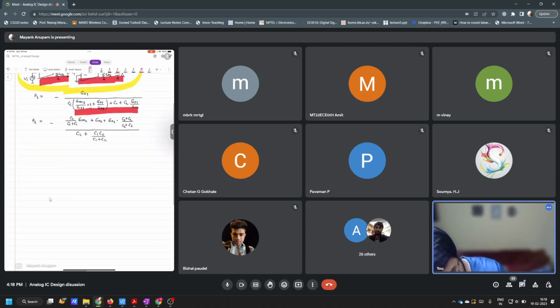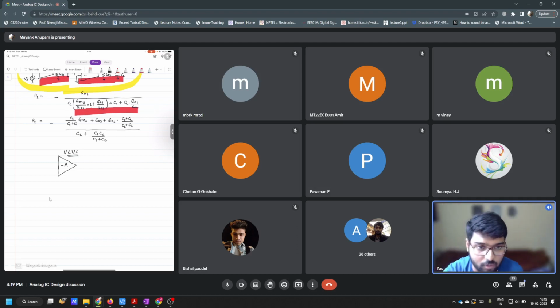Okay, so I will be explaining that. This Miller theorem is actually applicable for a voltage-controlled voltage source. Let's say you have this gain of minus A in this block. This is a voltage-controlled voltage source. In the very first week we discussed the voltage-controlled voltage source.